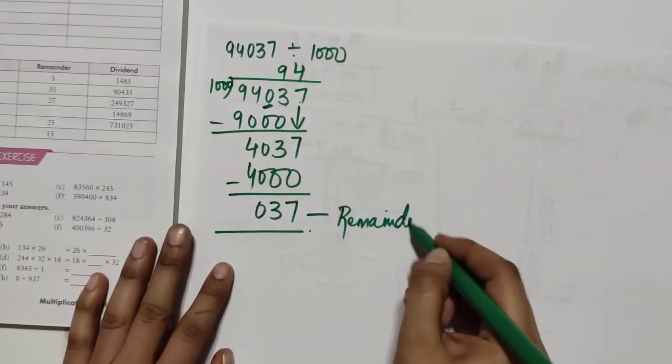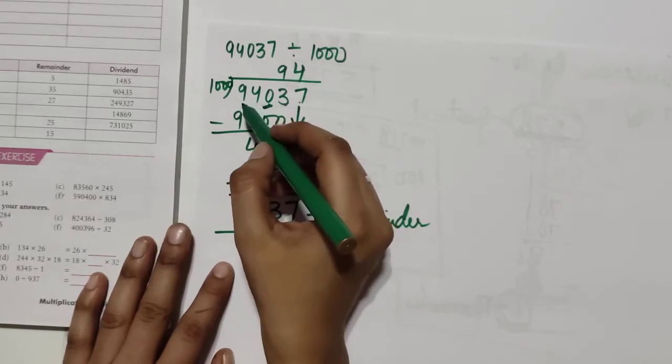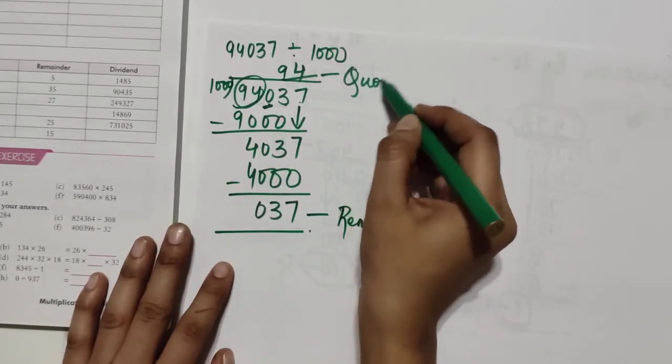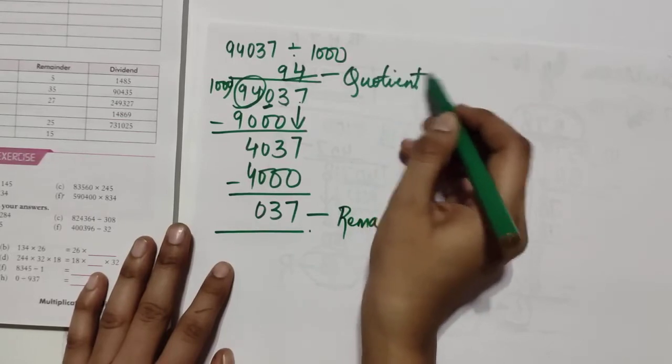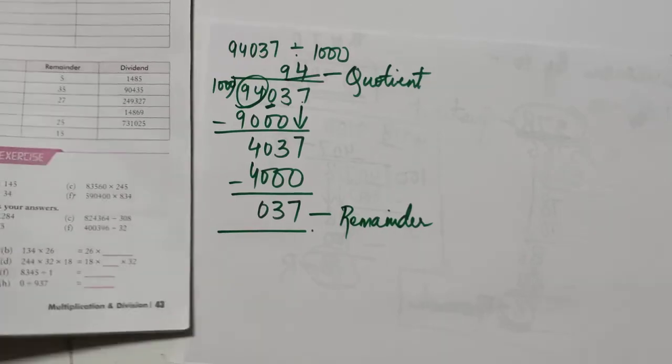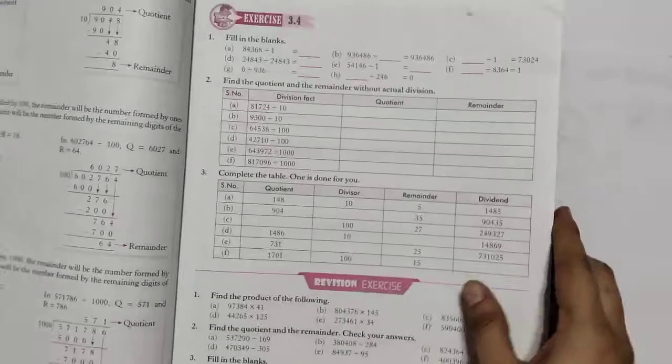And the quotient is the number formed by the remaining digits, so 94 is the quotient. So this happens when we divide a number by 10, 100 and 1000. We have seen the properties and what happens when we divide a number by 10, 100 and 1000.